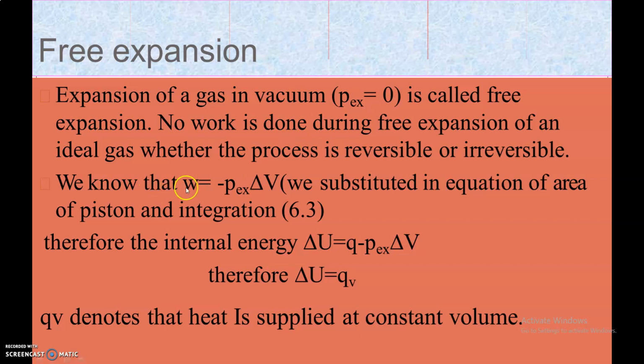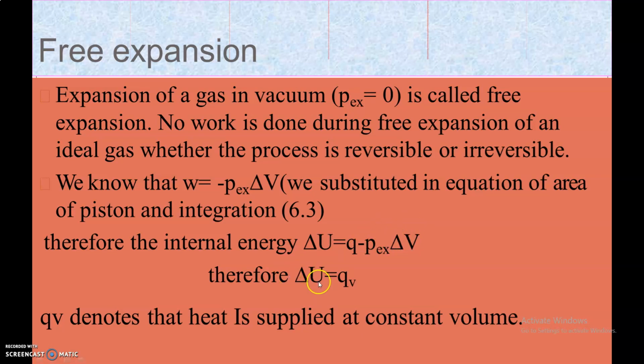We know that W equals minus Pex delta V by the equation. So if we have delta V substituted in the equation of the area of the piston that we have seen, we know delta U is equal to Q plus W. So instead of W we can put minus Pex delta V. But this term, we know no work is done on the system, so this term will be 0.